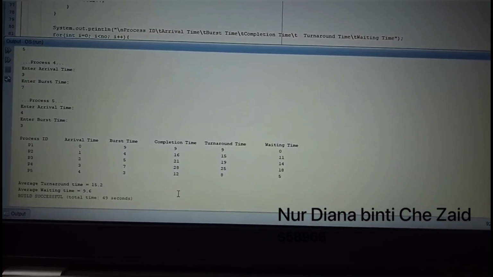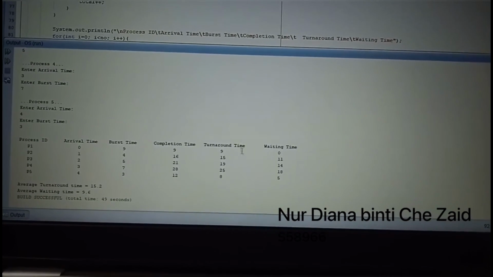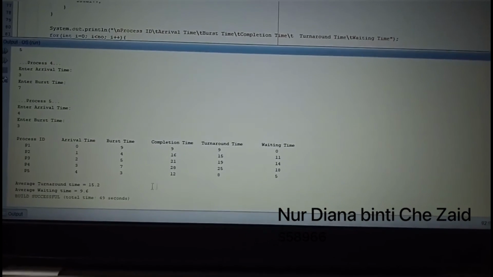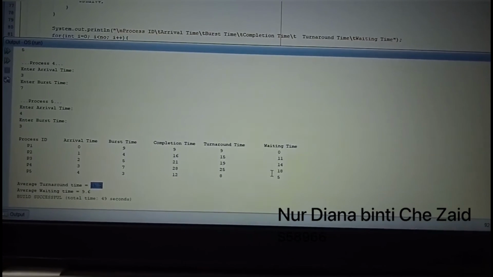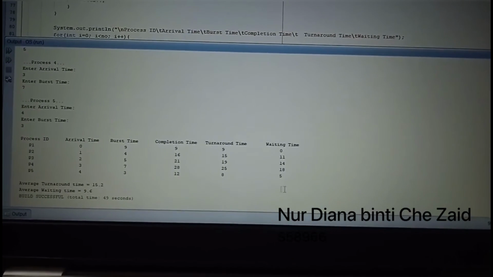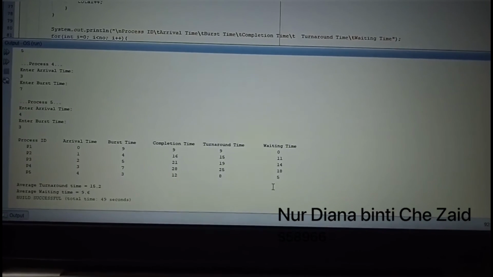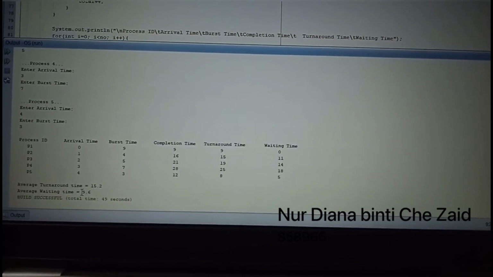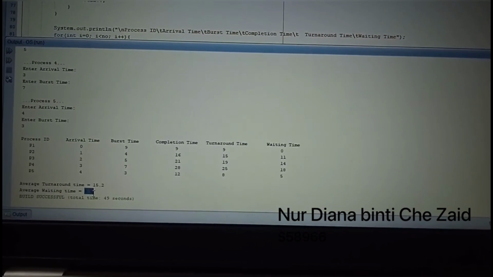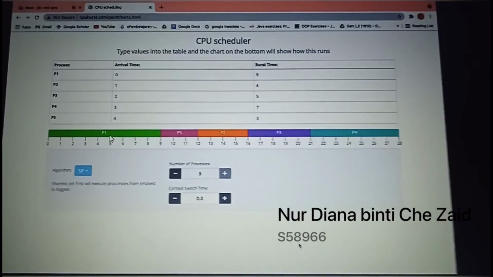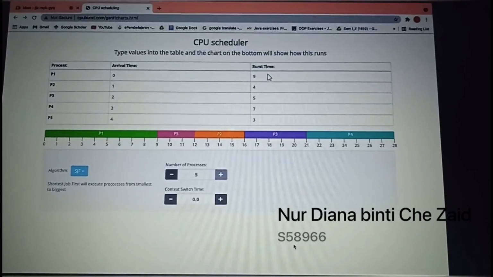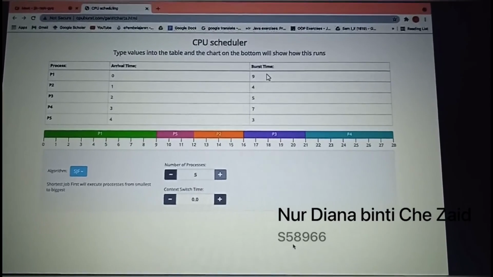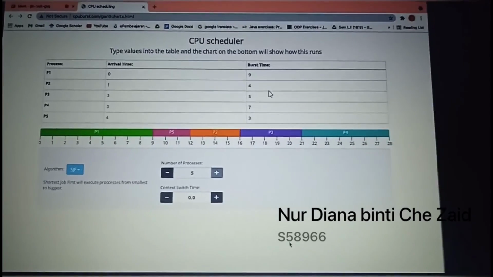To get the average turnaround time, add all the turnaround times and divide by 5, and the answer is 50.2. For the waiting time, add all the waiting times and divide by 5, the average is 9.6.